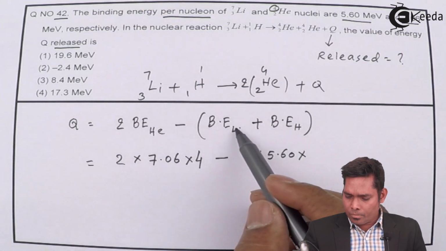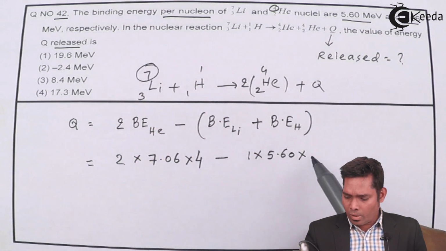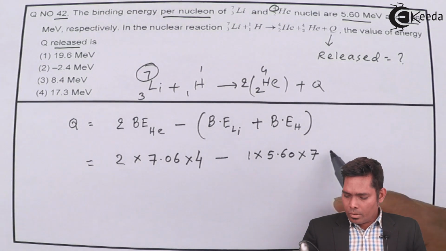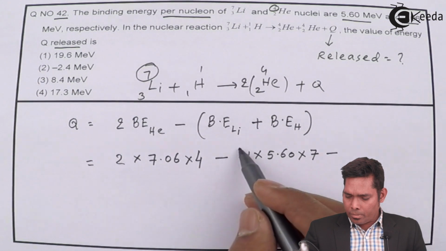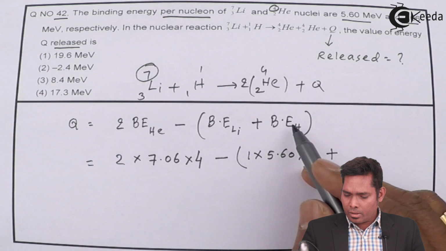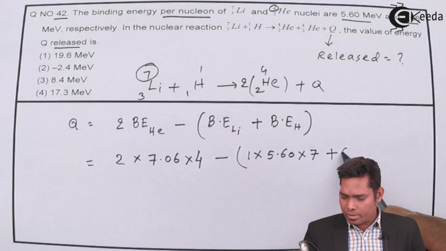For lithium it is 7, so I have to multiply by 7, plus hydrogen is not given, so I will consider 0.